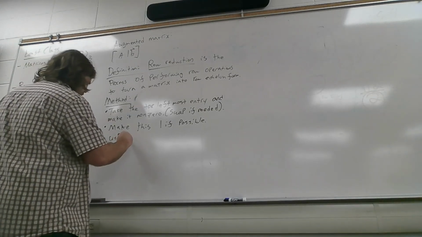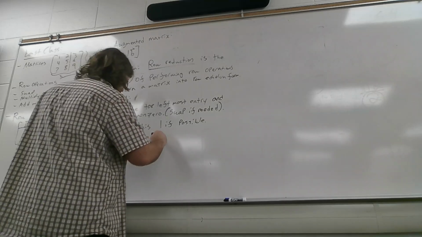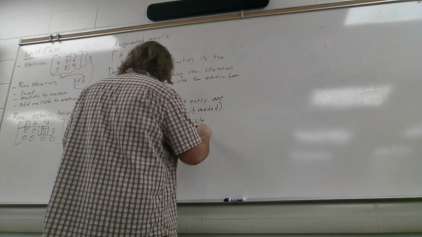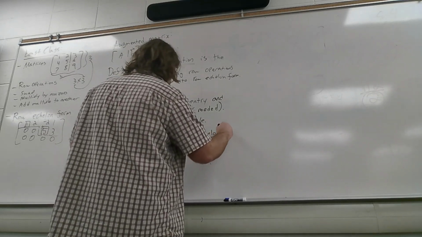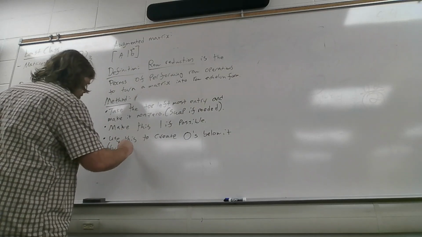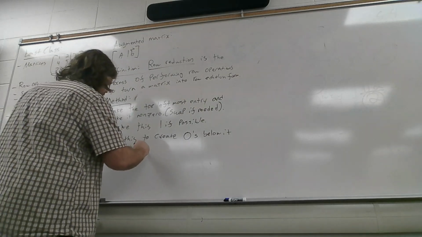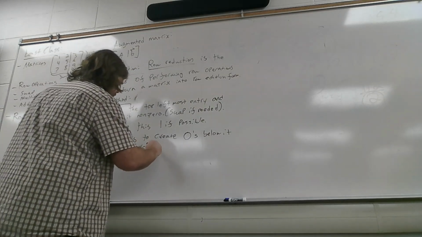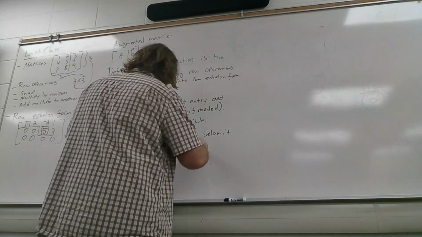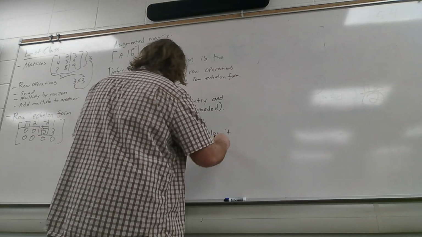Use this to create zeros below it by adding, subtracting multiples of the row.